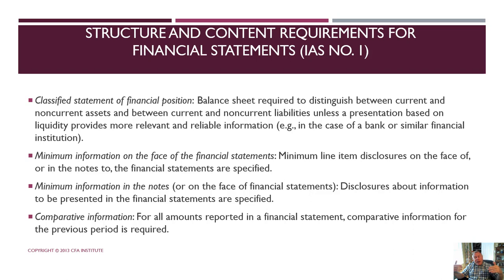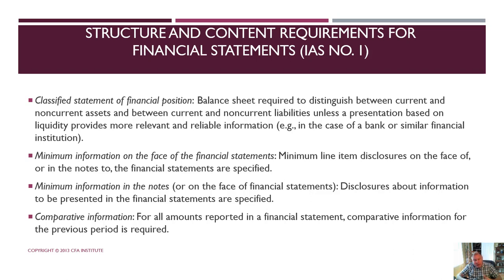When we look at foreign IFRS, they start with intangibles and other assets and work down to the more liquid assets. Minimum information on the face of the financial statement is very clear. You've seen that already. And then most everything should be in the notes. Minimum information in the notes.